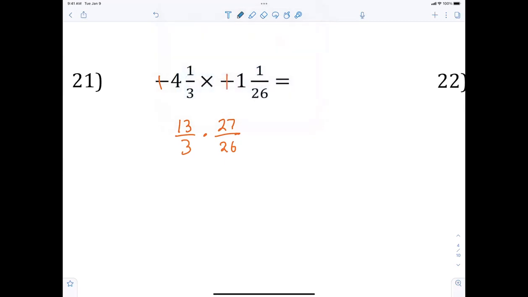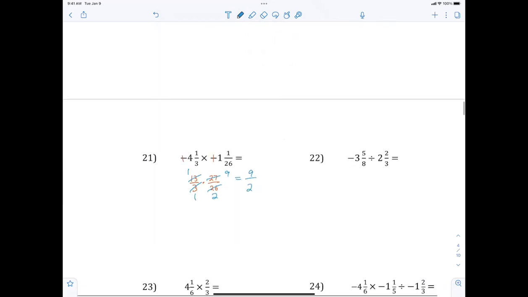Cross out the what? Yes. Final answer. Right. Yes. 9/2.